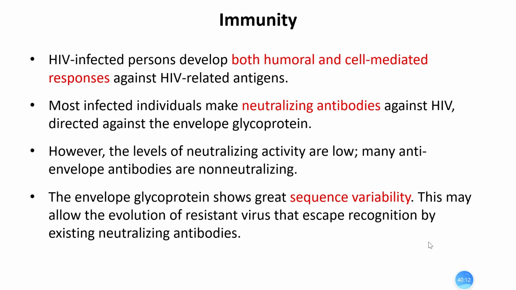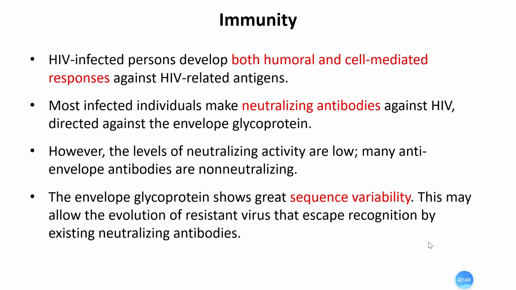So we just mentioned that the human immune system makes a neutralizing antibody, but because of the great sequence variability of the glycoprotein on the surface of the viral particle, especially the variability of GP120, the neutralizing antibody cannot protect fully.